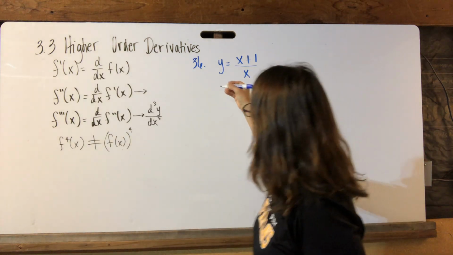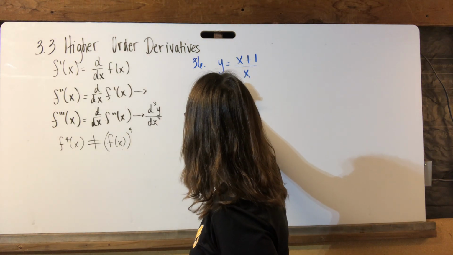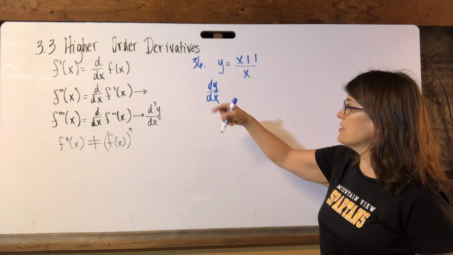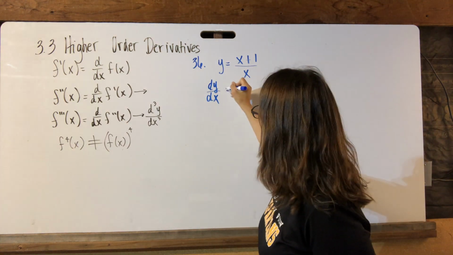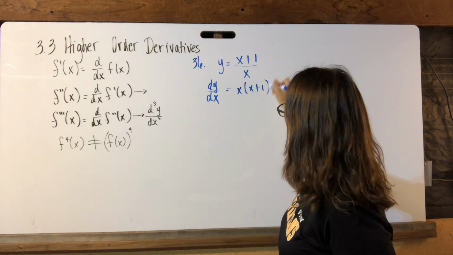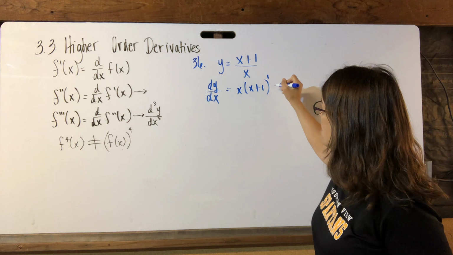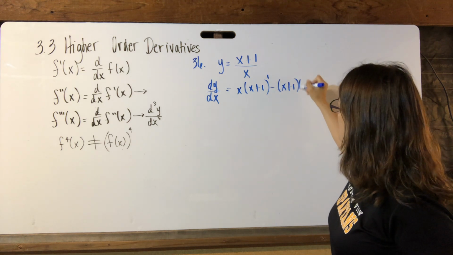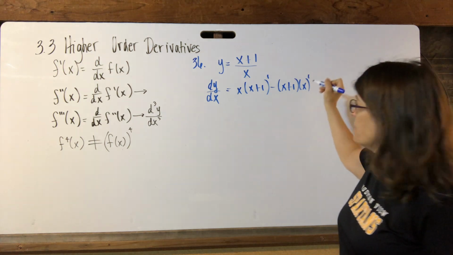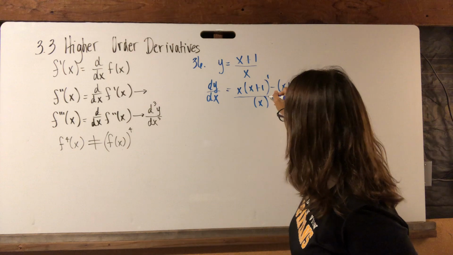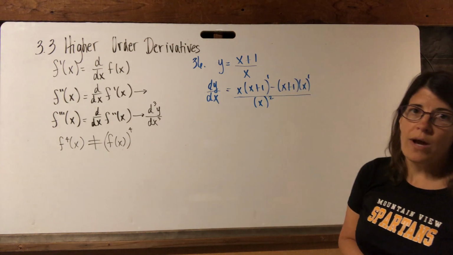Okay, so the derivative of y with respect to x is equal to the denominator times the derivative of the numerator minus the numerator times the derivative of the denominator, all over the denominator squared.